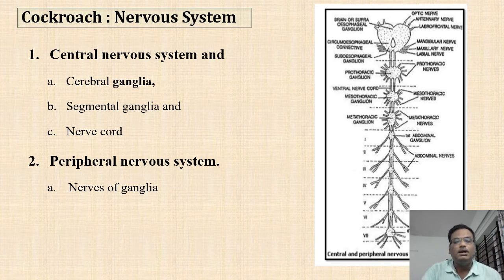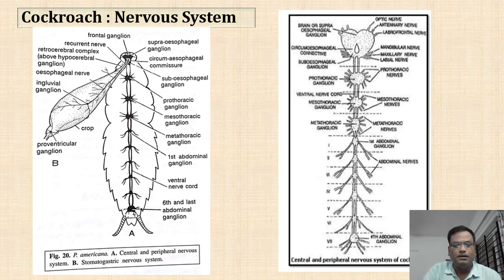So that is how the organization of nervous system is found in cockroach. The central nervous system representing cerebral ganglia, segmental ganglia, and the nerve cord, and the peripheral nervous system, because the nerves spread in different parts of the body, we call it as peripheral nervous system, represented by nerves of ganglia.